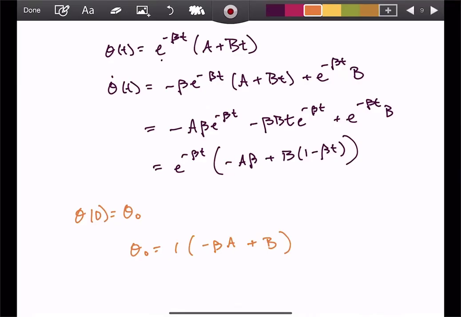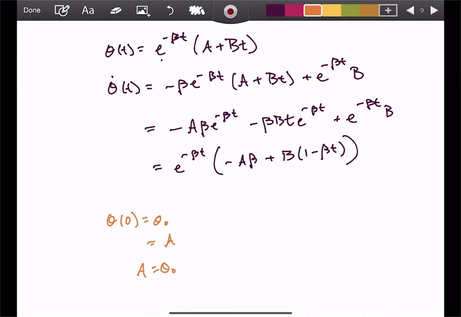No, that looks about right. Oh wait, I put that into the wrong expression, didn't I? I should practice these things before I come on here. Sorry, I was using the velocity term instead. So this is going to be just simply A. There we go. So in this case, A is equal to theta 0.